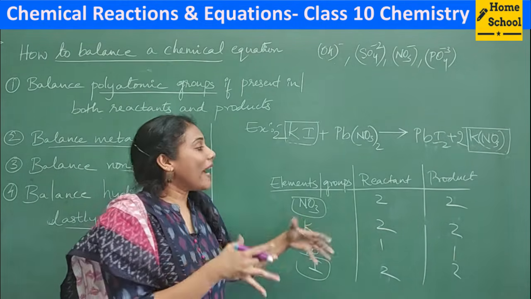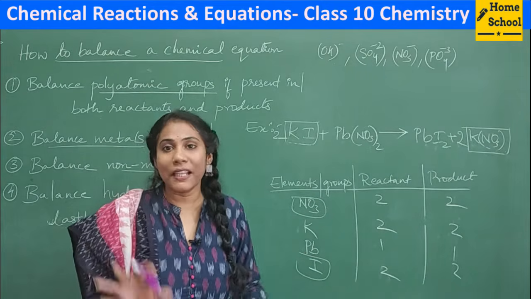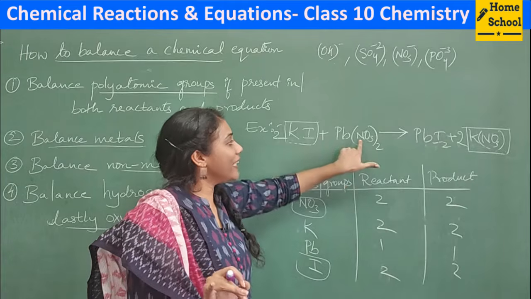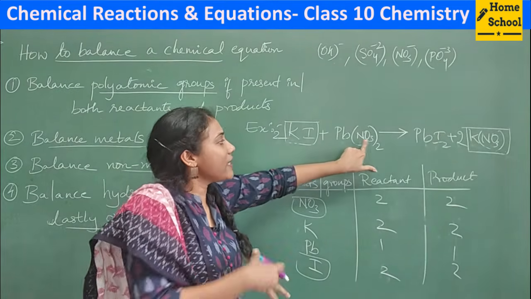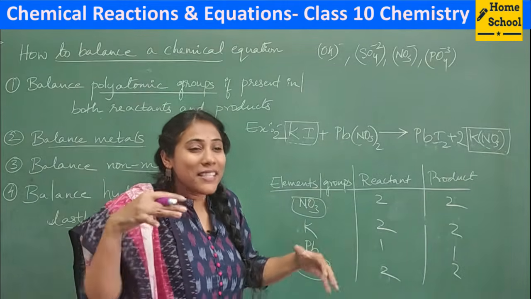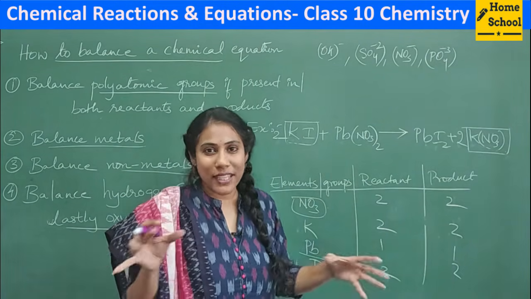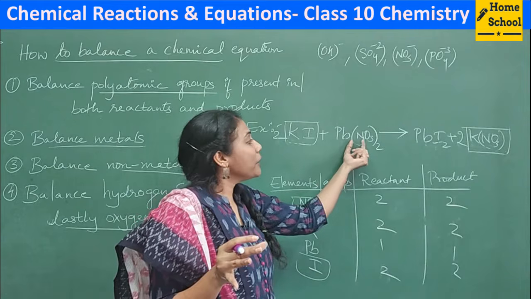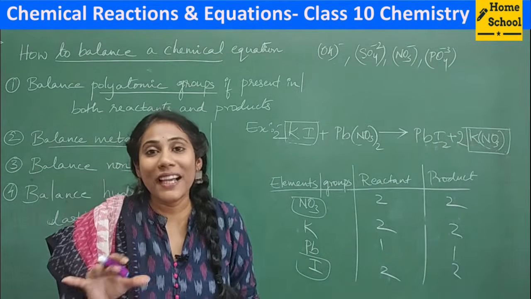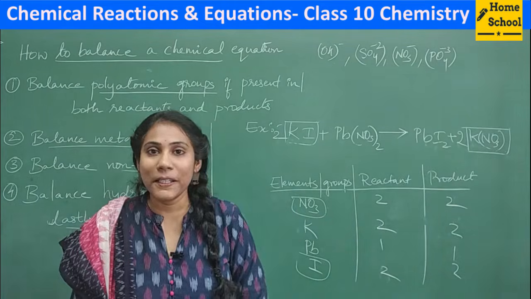Okay, so when you balance in sequence, it becomes easy. When you don't take this as a group, when you take it separately, nitrogen separately and balance, oxygen separately, it leads to a lot of confusion. So that's why when the polyatomic groups are present in both reactants and products, then you have to balance in the form of a group only.